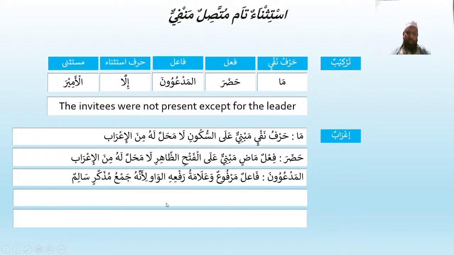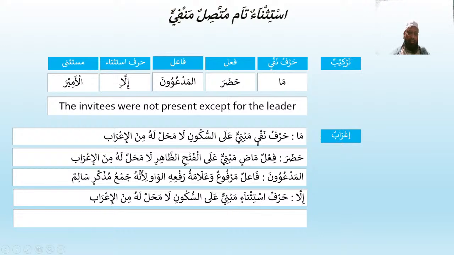The i'rab of jama mudhakkar salim in rafa case is the waw; in nasab and jar case it is the ya. إلا حرف استثناء مبني على السكون لا محل له من الإعراب.